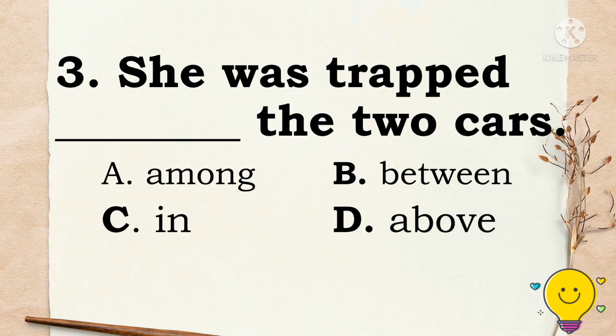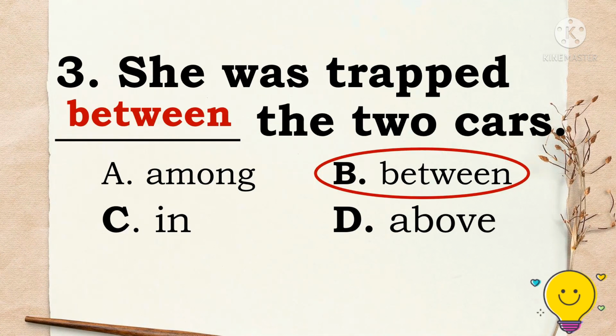Number 3. She was dropped blank the two cars. A, among. B, between. C, in. D, above. Very good. Between. Letter B. She was dropped between the two cars.